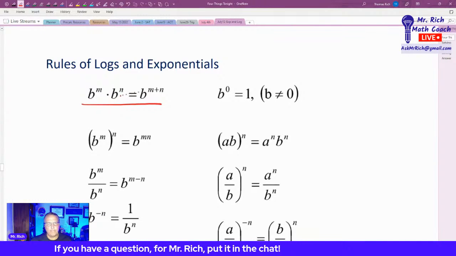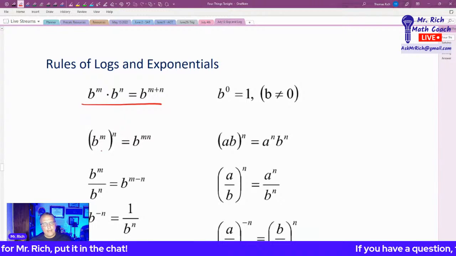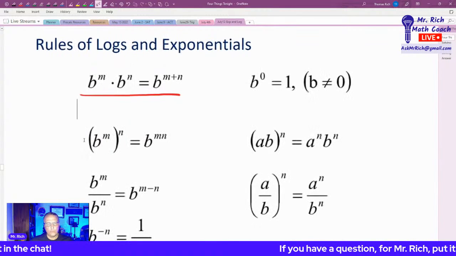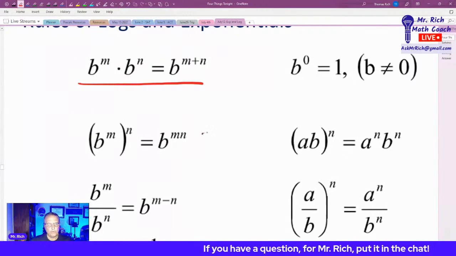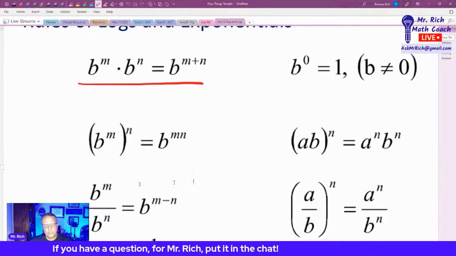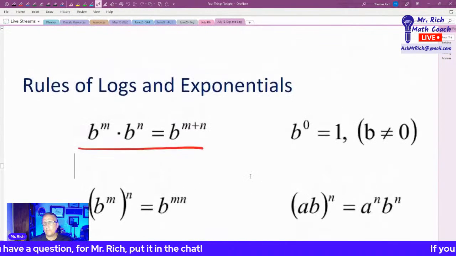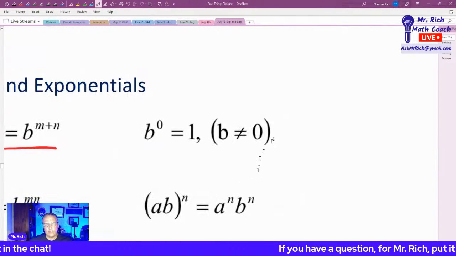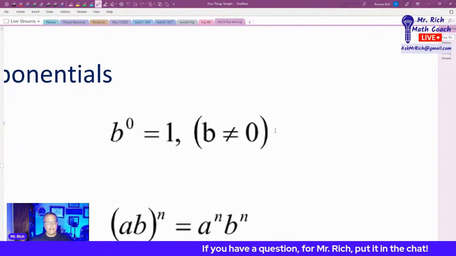If you're multiplying like bases, you add the exponents. If you raise a power to another power, you are going to multiply the exponents here. If you're dividing like bases, you subtract the exponents. The zero exponent rule, believe it or not, I have quite a few students who forget this.